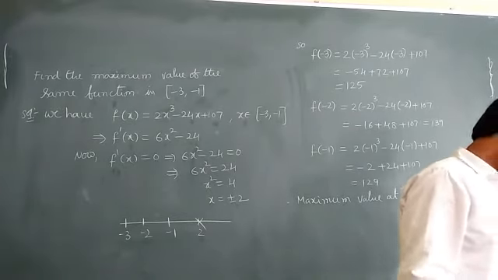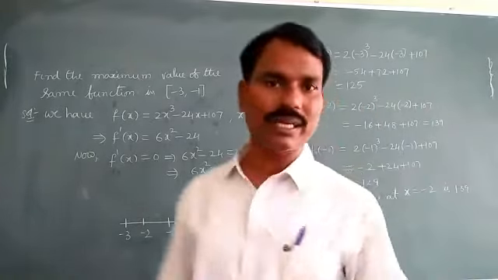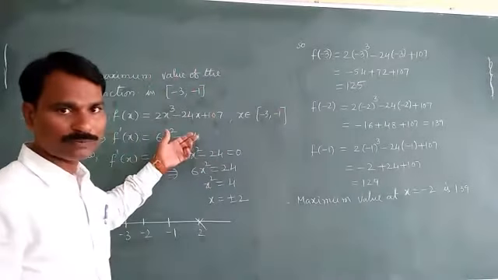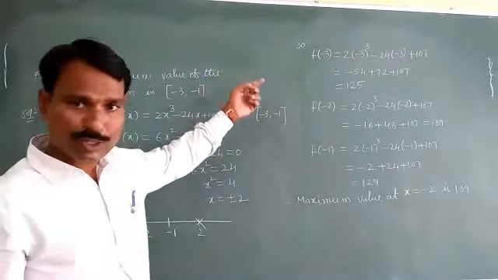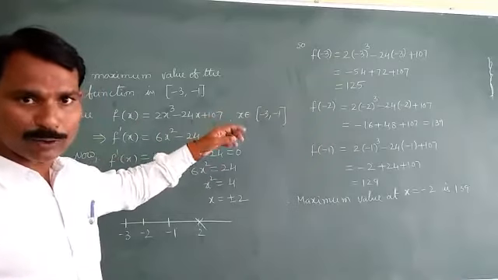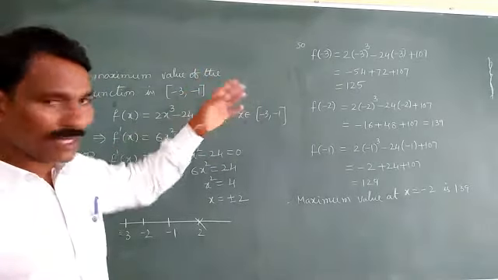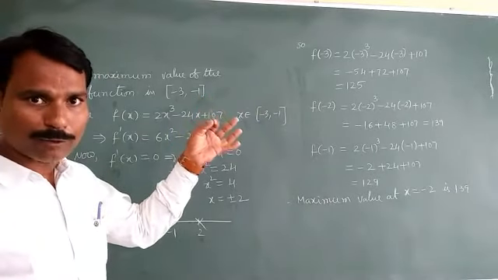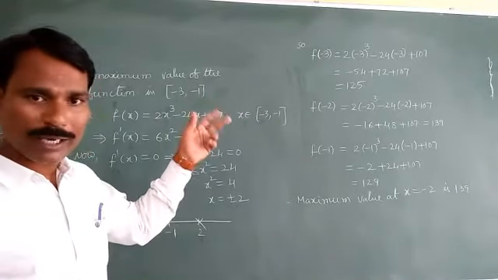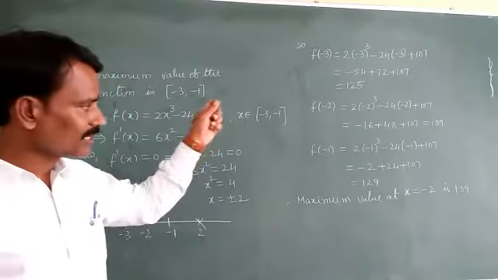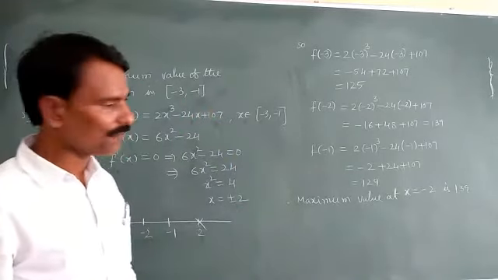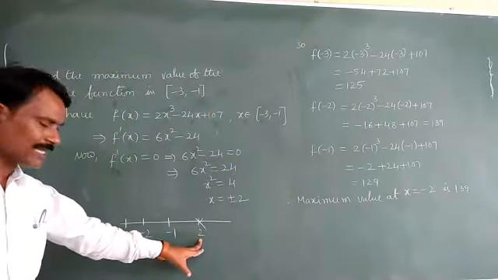So students, I made a mistake in that. Before, in this problem I calculated f of minus 2, f of 1, f of 2, and there we shouldn't take f of minus 2. So out of these, f of 1, f of 2, f of 3, which is the highest value? Just observe it and write the answer. Here don't consider plus 2.